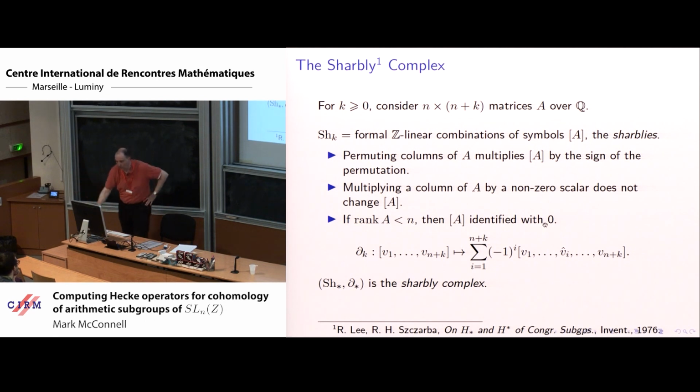We only want full rank. So it's a very natural complex algebraically. You can put the usual boundary operator on it where, since it's a rectangular matrix, you omit the columns by turns and take an alternating sum. And it's a complex, so it computes the homology of something.